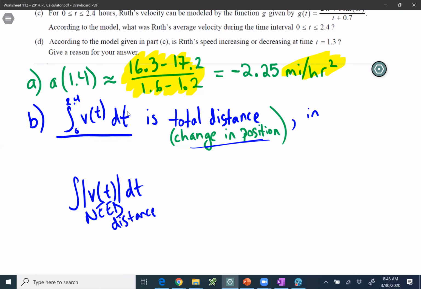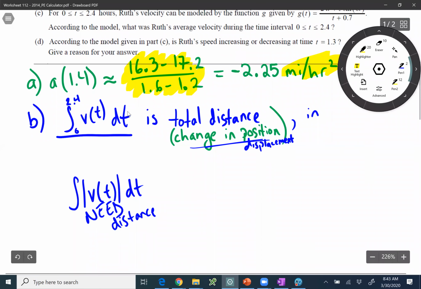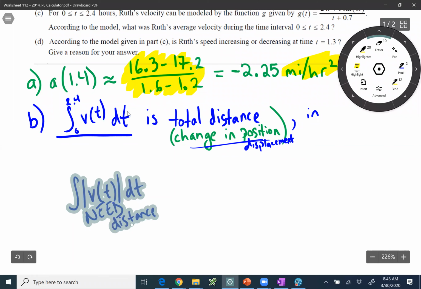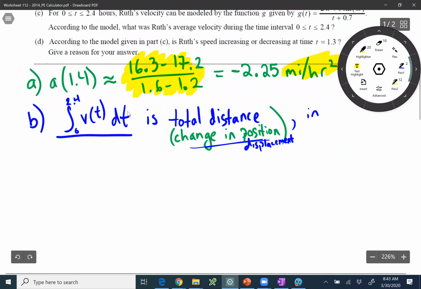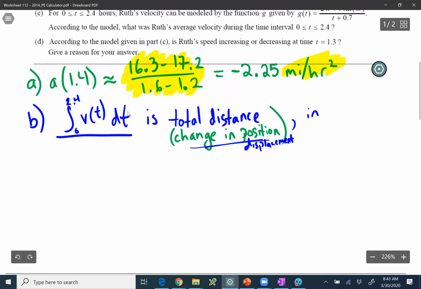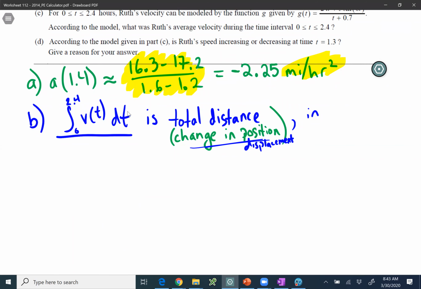Displacement's okay also. Yeah, if you're in physics, displacement is the same thing as position. So that works as well. Kind of the calculus word that's used more commonly is position, whereas the physics word that's used more commonly is displacement, but those two mean the exact same.